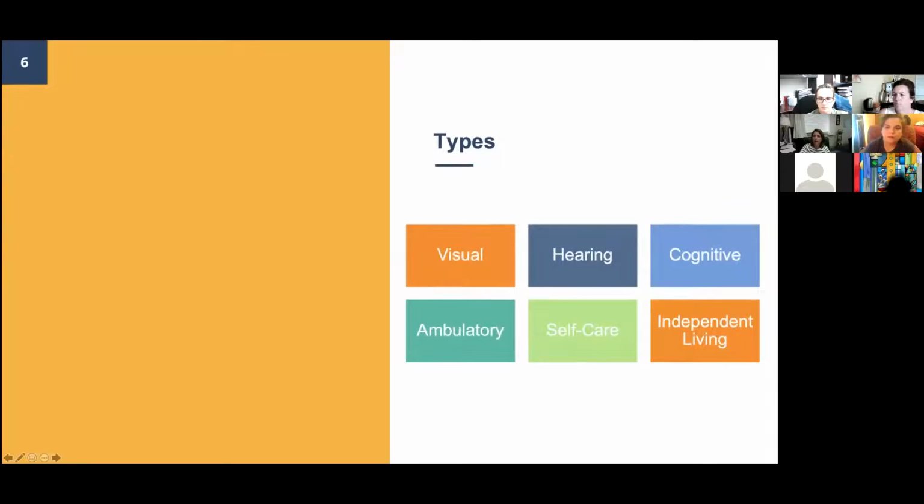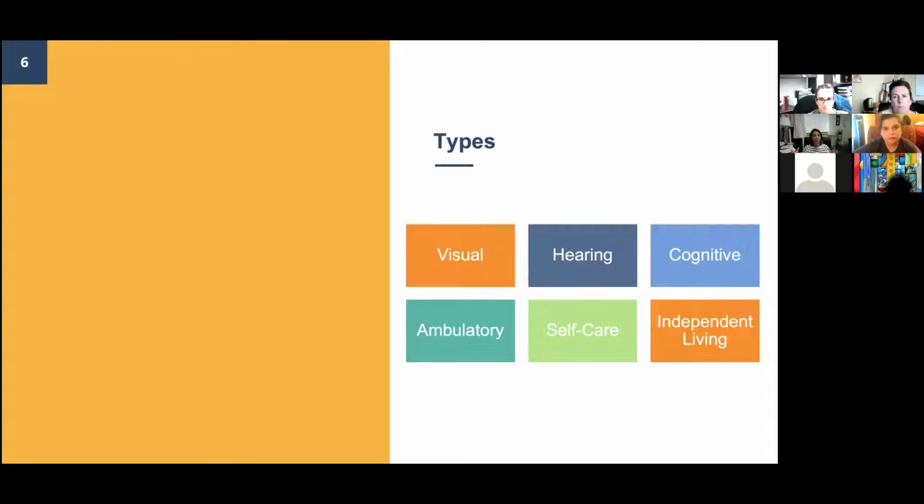Okay, let me move this real quick so I can see. So in terms of types of disabilities, many times when you serve, you say at least one disability. Some people might have more than one, and more than one different type. But here are generally the buckets used to describe the types of disabilities.